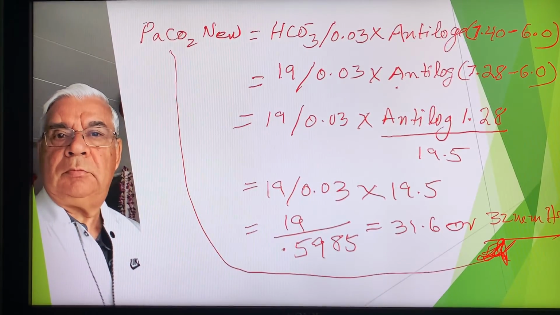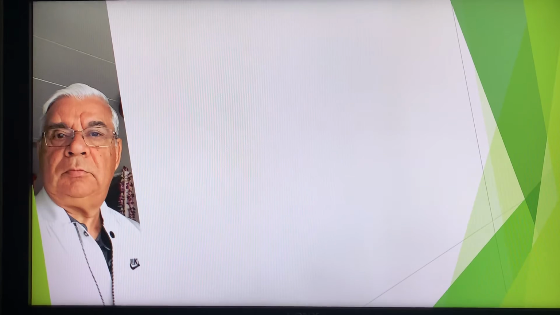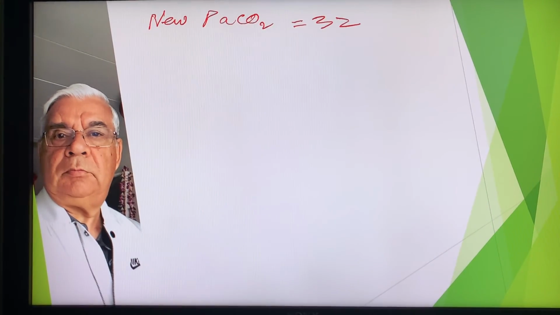Okay, let's go to the next one. New PaCO2 is 32 millimeters of mercury now.